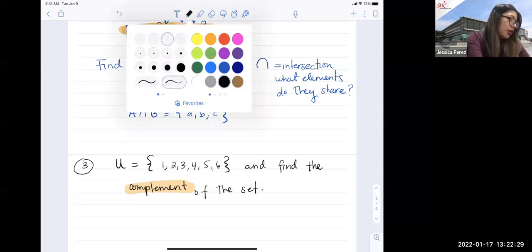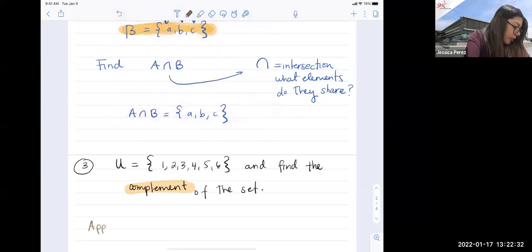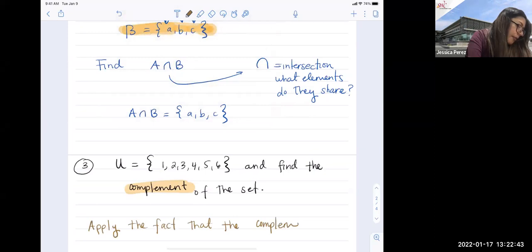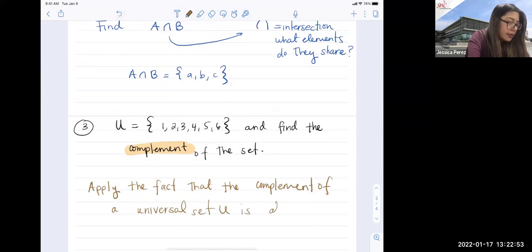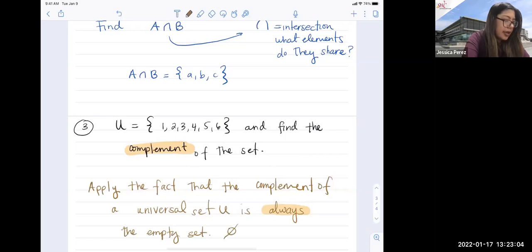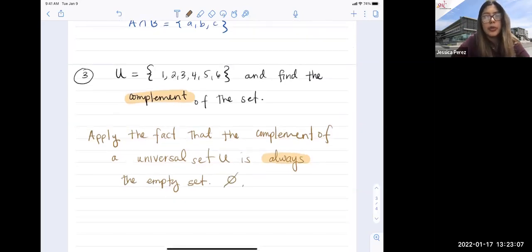So what we have to know is apply the fact that the complement of a universe, a universal set, U, is always the empty set. And how does the empty set look like? It looks like this. So your answer would be the empty set.